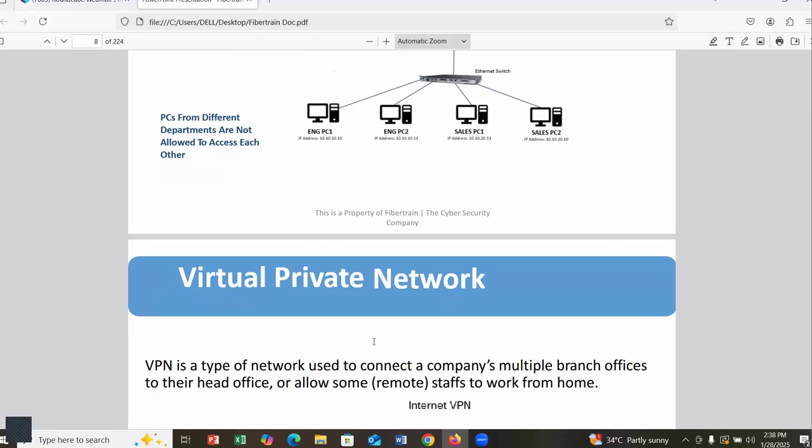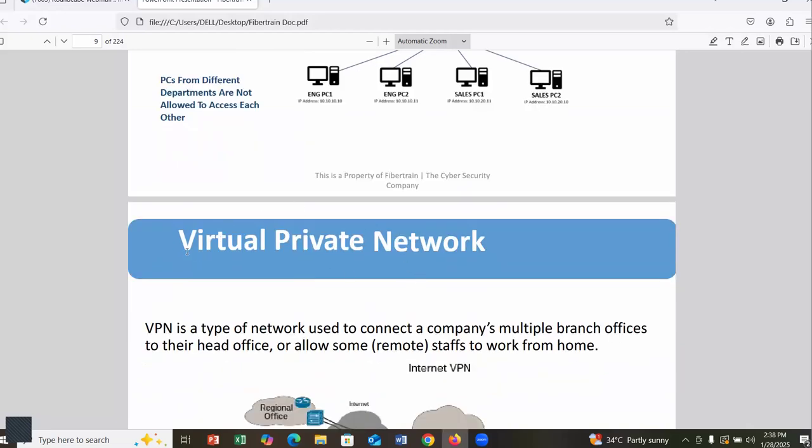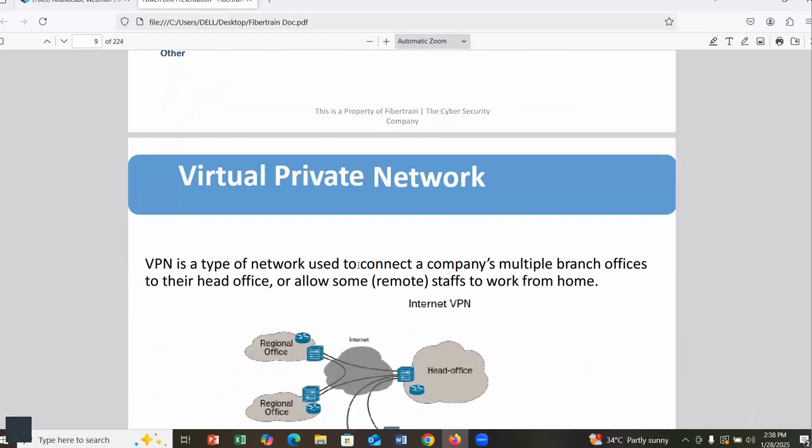So the next one here is a VPN, which stands for virtual private network. So what's the function of a VPN? Here it says a VPN is a type of network used to connect a company's multiple branch offices to their head office or allow some remote staff to work from home.